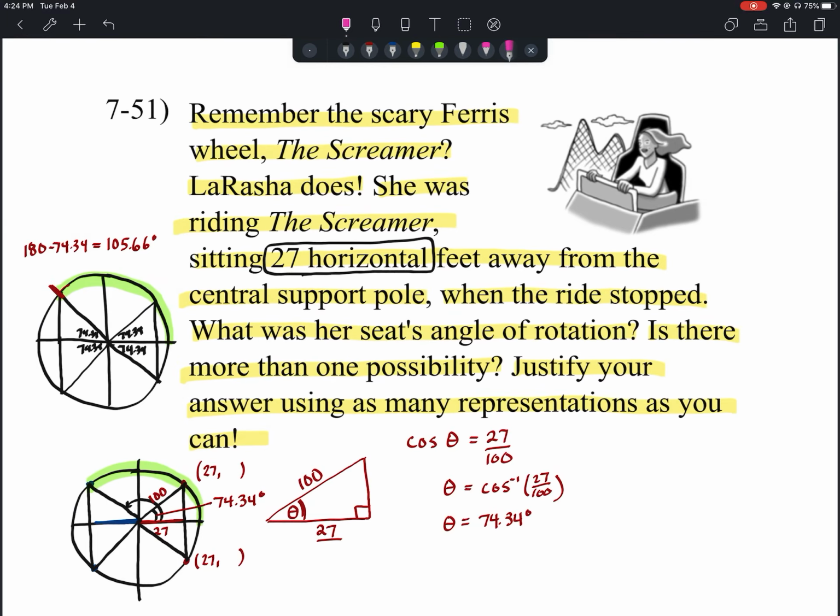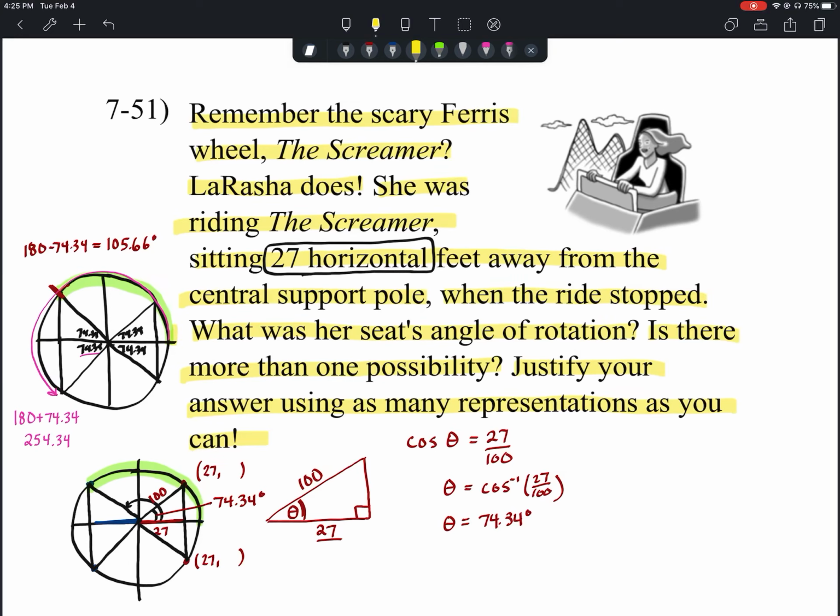If LaRasha went all the way around and she was stuck down here, now she's 74.34 degrees past 180. So we're going to do 180 plus 74.34. When we add those, that looks like it's going to be 254.34. You can double check it on the calculator and let me know if I'm wrong. I'm pretty sure I'm right on that one.